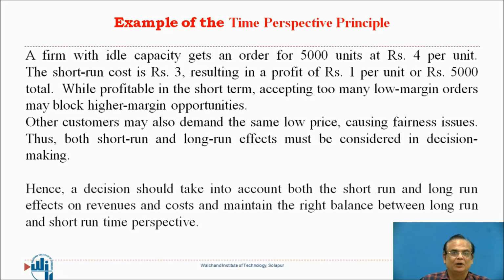Let us see an example of this principle. A firm with idle capacity gets an order for 5,000 units at rupees 4 per unit. The short run cost is rupees 3, resulting in a profit of rupees 1 per unit, or rupees 5,000 in total. While profitable in the short term, accepting too many low margin orders may block higher margin opportunities.